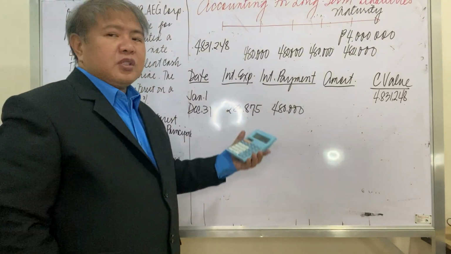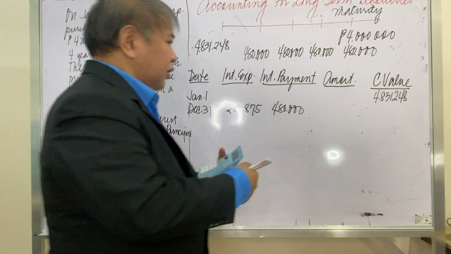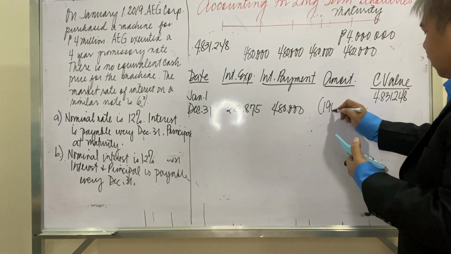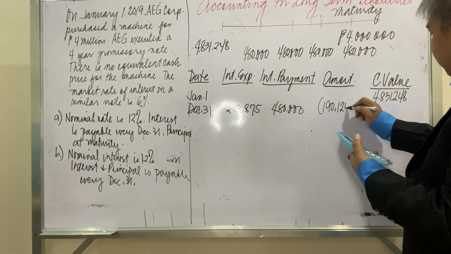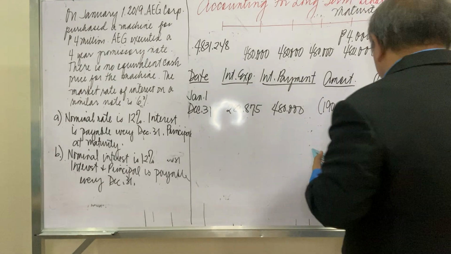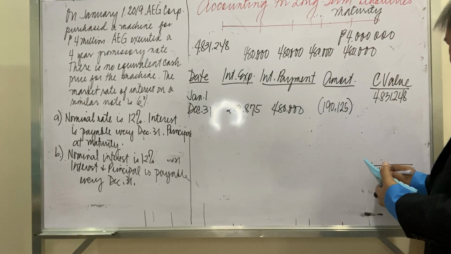So that's 289,875 minus 480,000. So therefore, this is negative 190,125. Okay? So again, at the end of the term of the note, this should be equal to 4 million pesos.